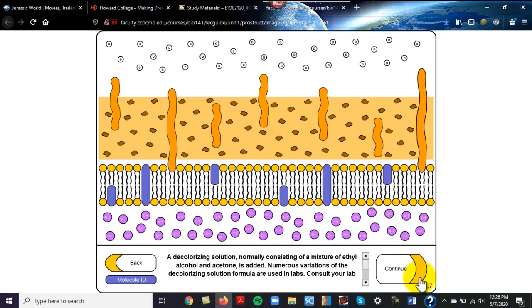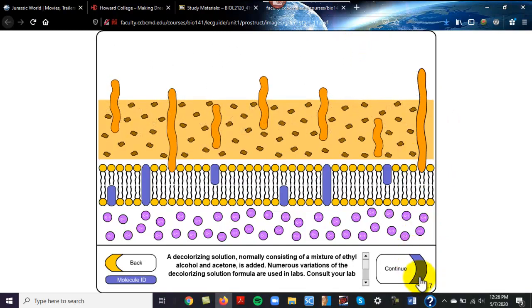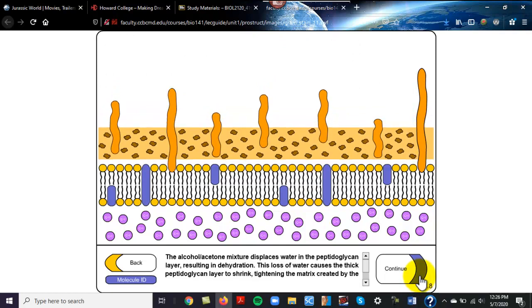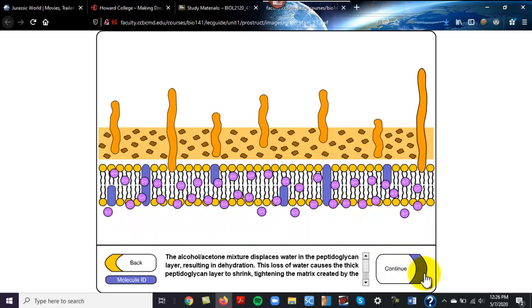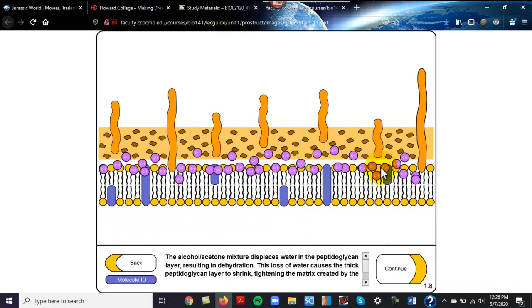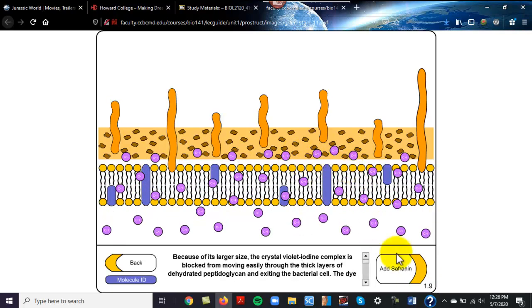Here's acetone alcohol. Now look what happens. It's evaporating the peptidoglycan, but it's not breaking it up. In fact, it's actually sealing it off. It's making it even more impenetrable. What a word. Okay, and then the last step here, look, see, the crystal violet cannot escape. All right? Because the cell wall is so thick, the thick peptidoglycan.